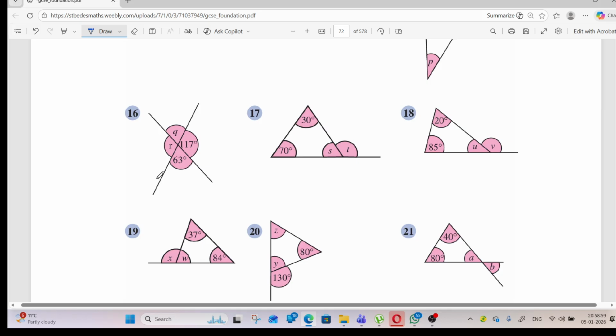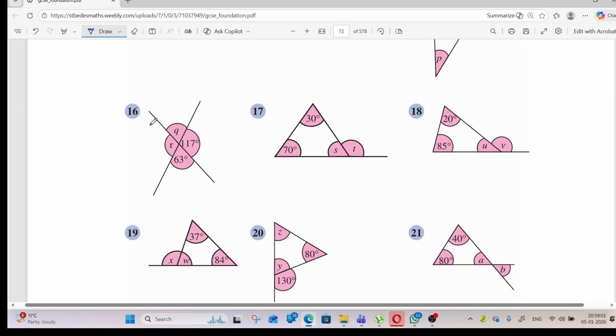Let's try number 17. First of all, we can find angle S, right? This is an interior angle. This T is exterior because it is on the exterior side of this triangle, right? According to the interior angle triangle theorem, I can write that the sum of these three interior angles is 180.